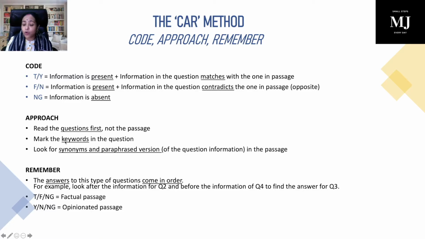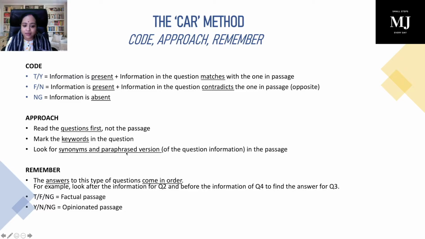But for this, you have to remember that not every single time the same keywords, the same words will be found in the passage. You have to look for synonyms, that means words with similar meaning, or paraphrased versions, words or the entire sentence or phrases written in some other form, in some other way, without losing the original meaning.